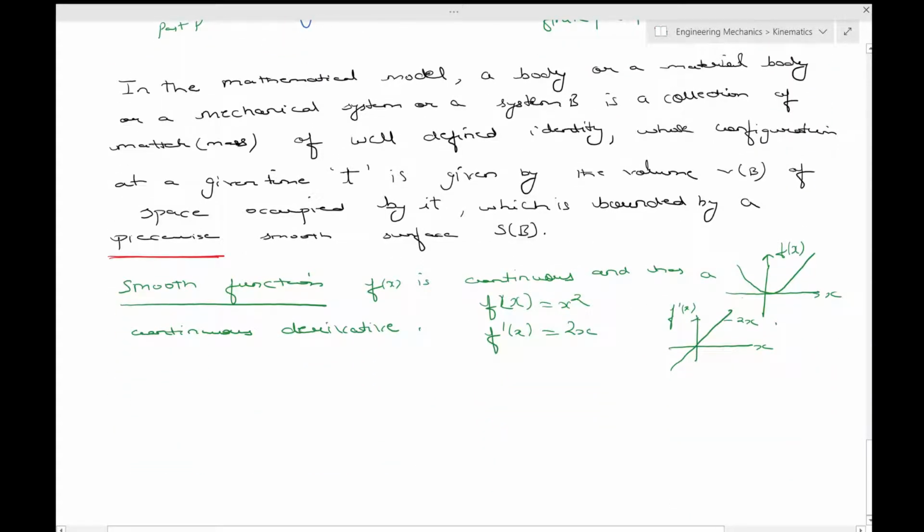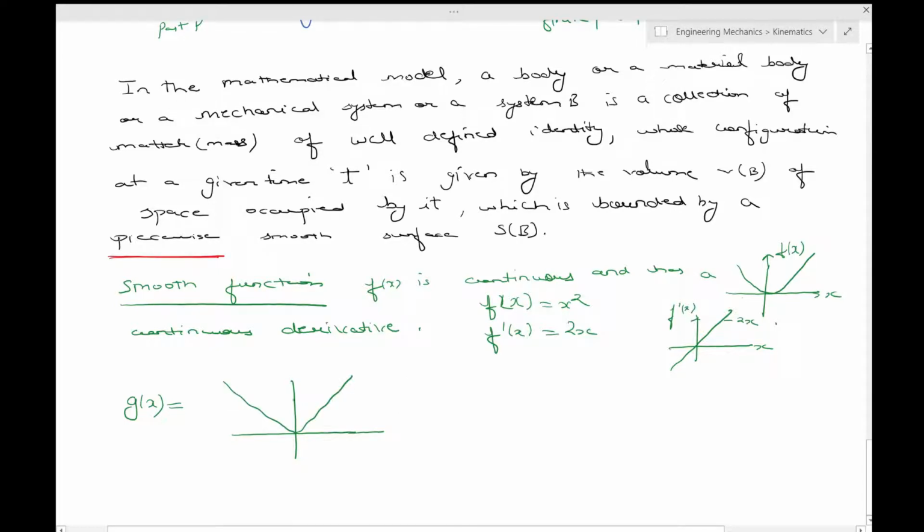Now think of another function, say g of x, and let's take up a function like this.